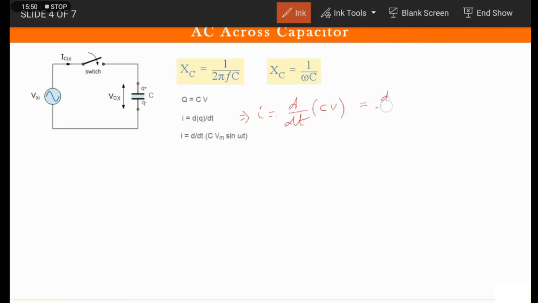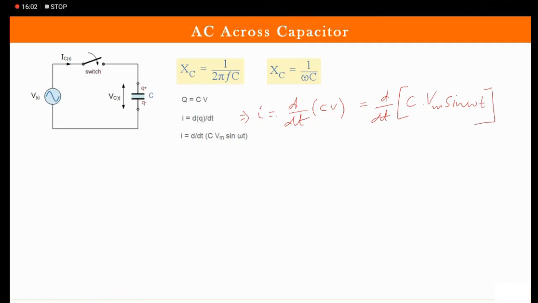So this becomes d by dt of c into vm sin omega t. This is how it came. Okay, yes. So again we know how to go ahead.